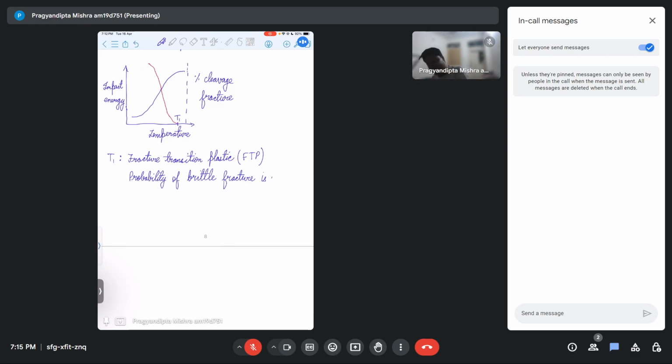The average of that will give us some T3 value, somewhere here. So this T3 is known as the temperature average of the upper and lower shelves.